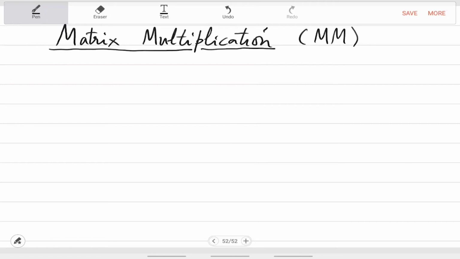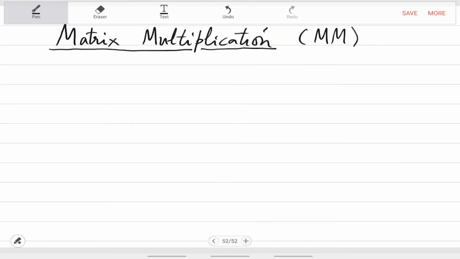What is your algorithm to multiply two n by n matrices? How much time does it take? The definition of matrix multiplication already takes n cube, assuming the base ring operations to be free. So it's actually order n cube ring operations, R operations.